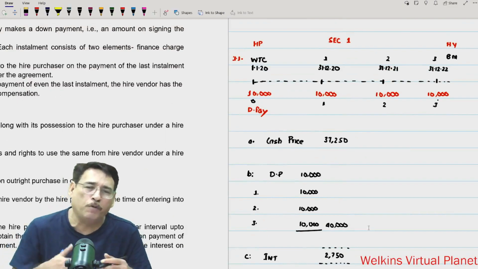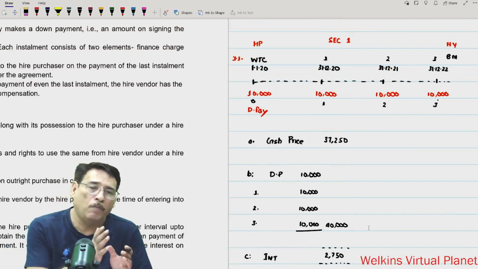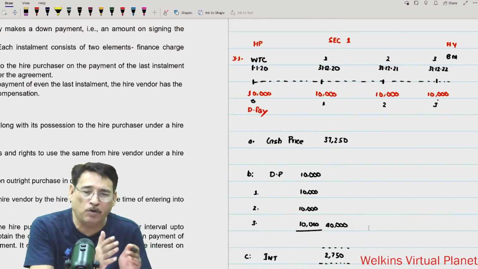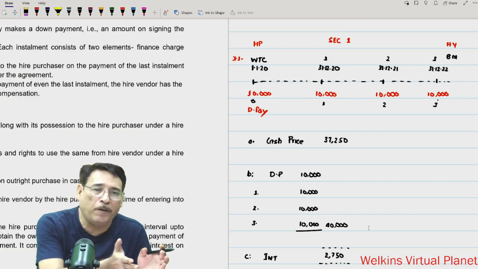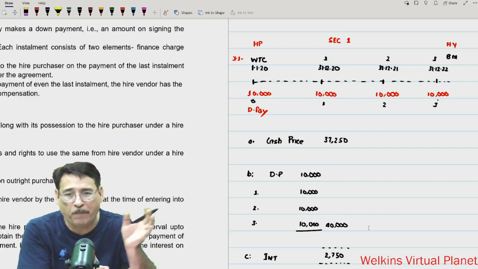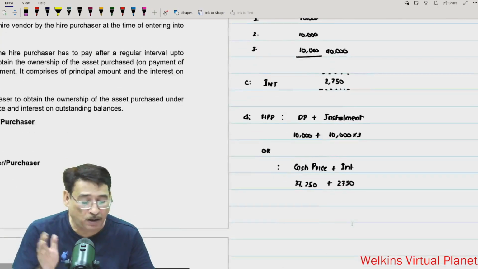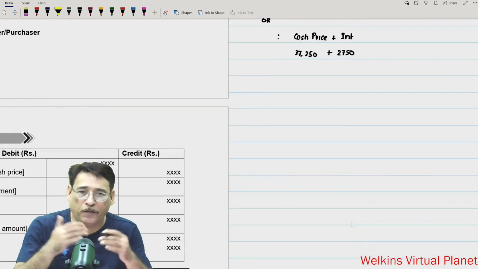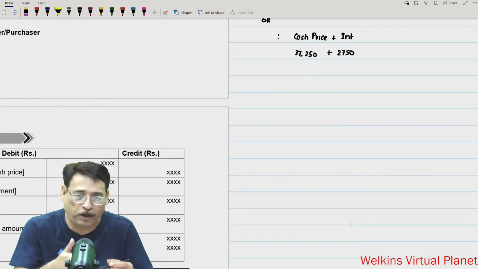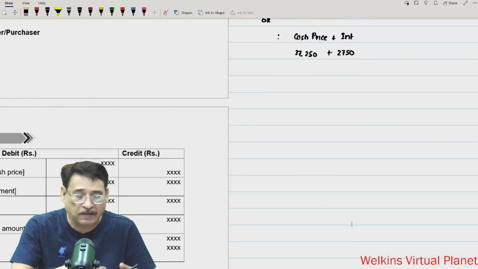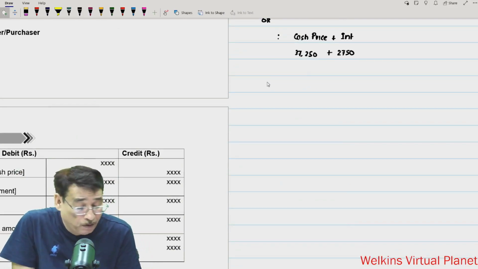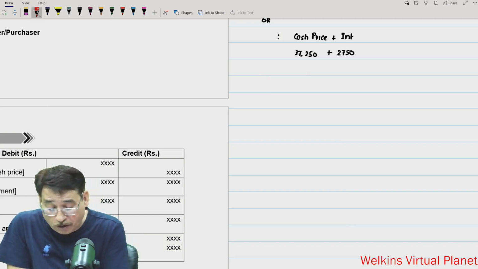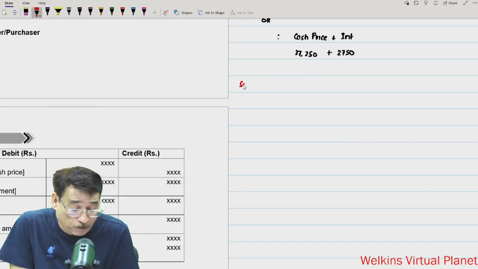We are supposed to know how we are going to split the installment into portions as payment for cash price and payment for interest. So that is known as calculation of interest. We are going to learn exactly that. So now, in order to solve the question, this is the solution.